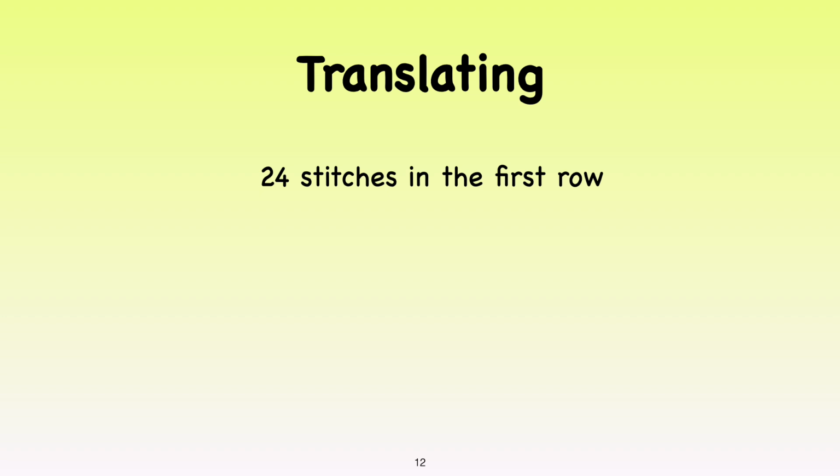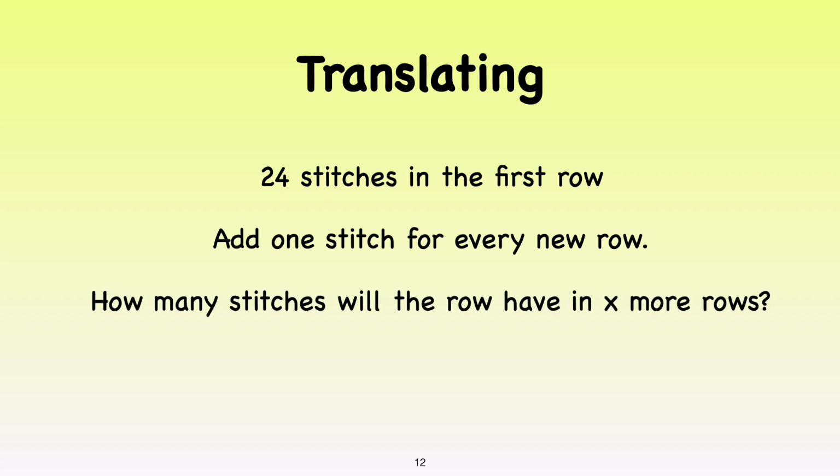Each row that Edna knits needs to have 1 more stitch than the previous row. If she knitted 24 stitches for the first row, how many stitches will there be in the next row? How many stitches will there be in X rows after the first row?